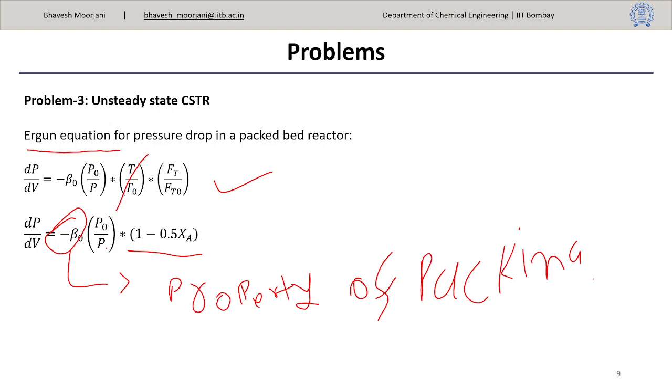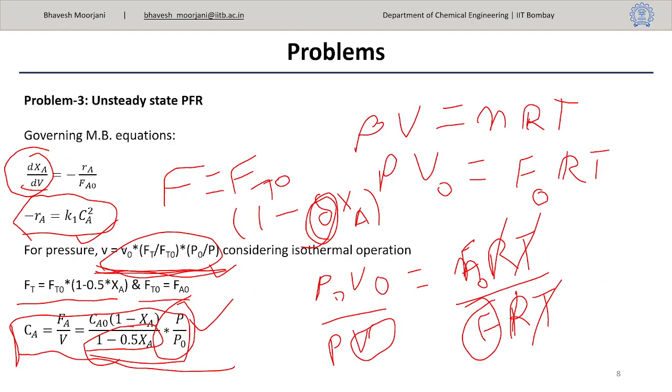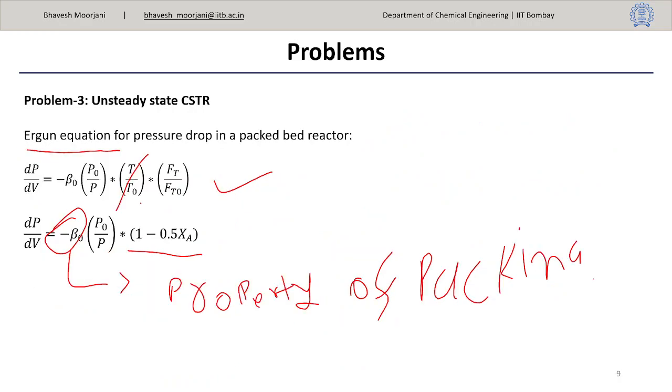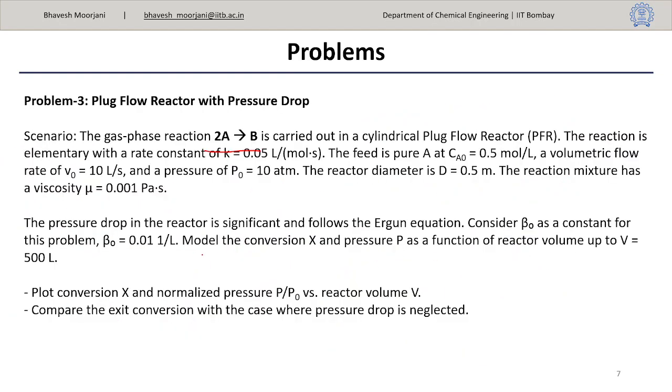So we have two equations here: one is the change in concentration with respect to volume, and another is the change in pressure with respect to volume. So we have two ODEs, and we know the initial conditions for these two ODEs. We know the initial P0 value, and we know the initial conversion XA is equal to 0. So this becomes an ordinary differential equation initial value problem.